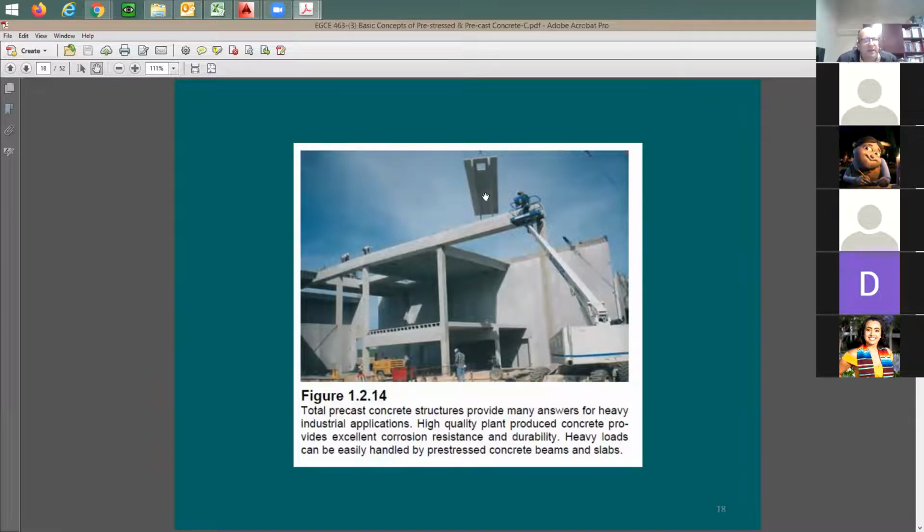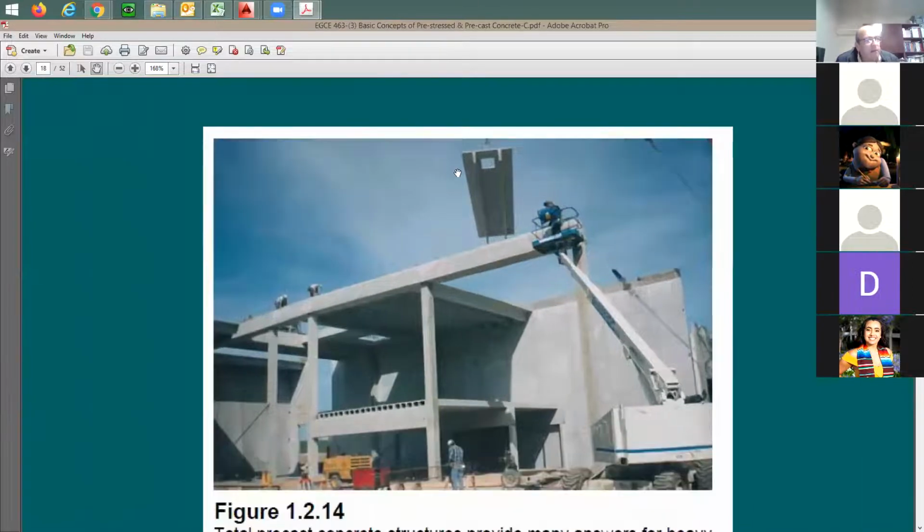What happened here? Why are you using a double T here and a core slab here? Can someone guess? Why is this a double T and why is this hollow core? Which one do you think is cheaper?